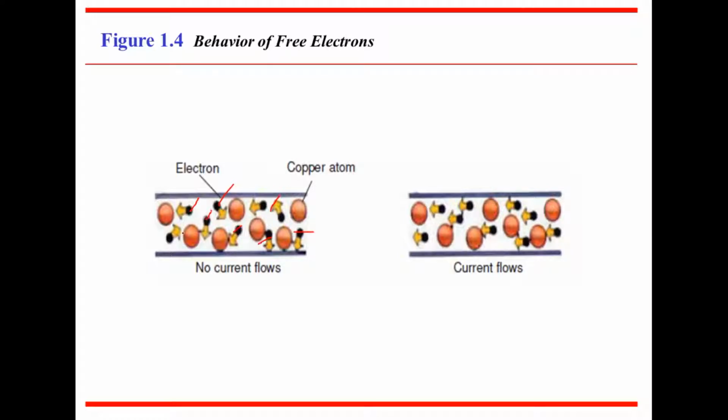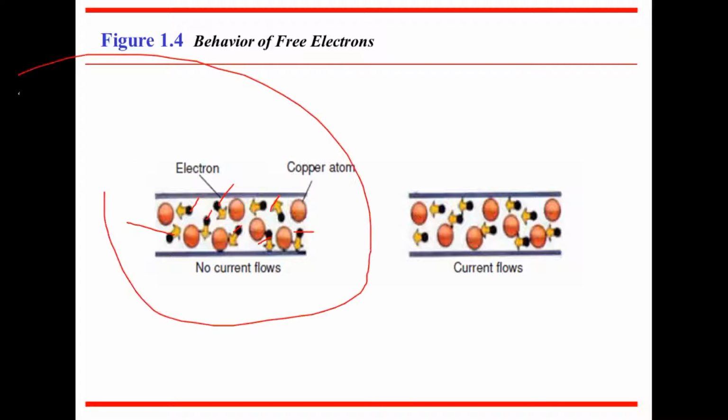But when a potential difference is applied across this atom, the electrons now move towards the positive terminal of the potential difference applied. You see the electrons are now moving, which makes them conduct electricity.